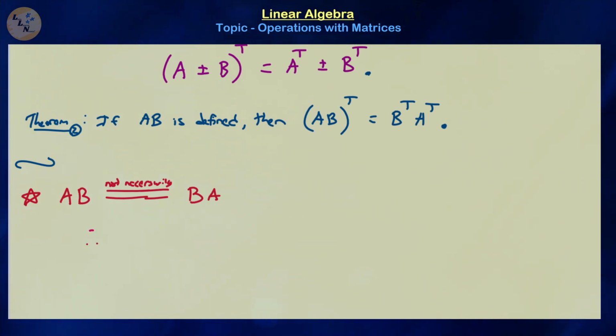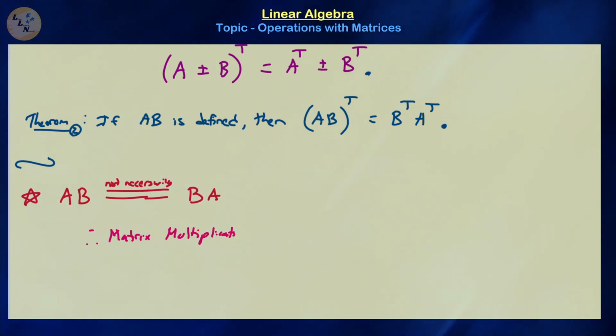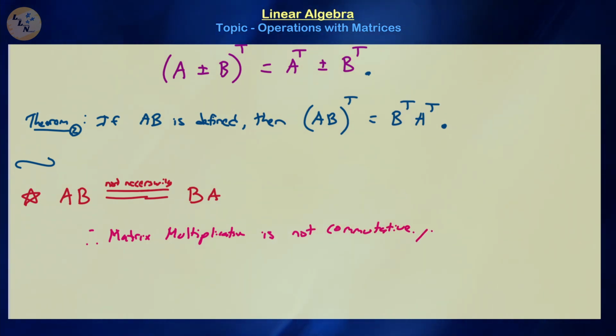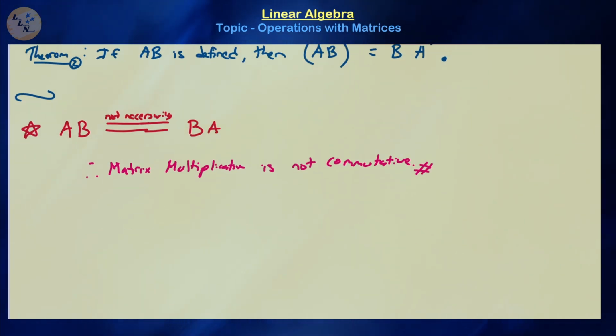So that means matrix multiplication is not commutative, and this is a very important theoretical property that you definitely should be aware of.